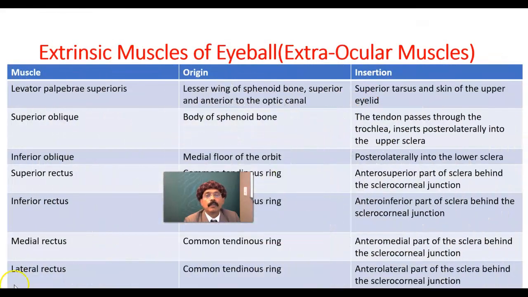Now we have to know the origin and insertion. Levator palpebrae superioris originates from the lesser wing of the sphenoid bone, superior and anterior to the optic canal. It inserts into the superior tarsus, a part of the upper eyelid, and the skin of the upper eyelid.